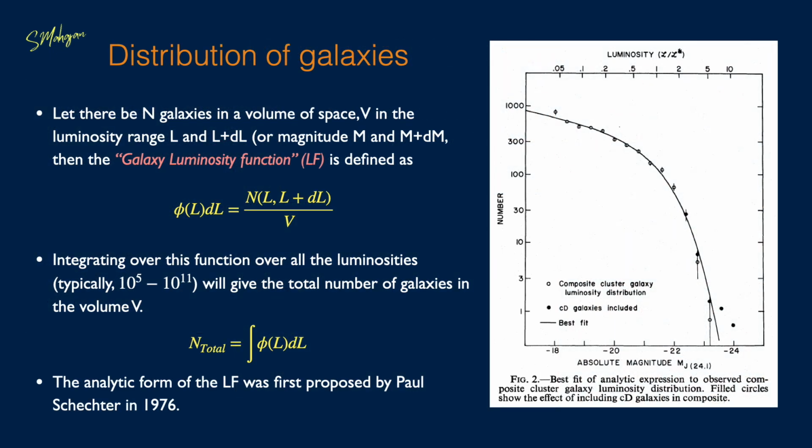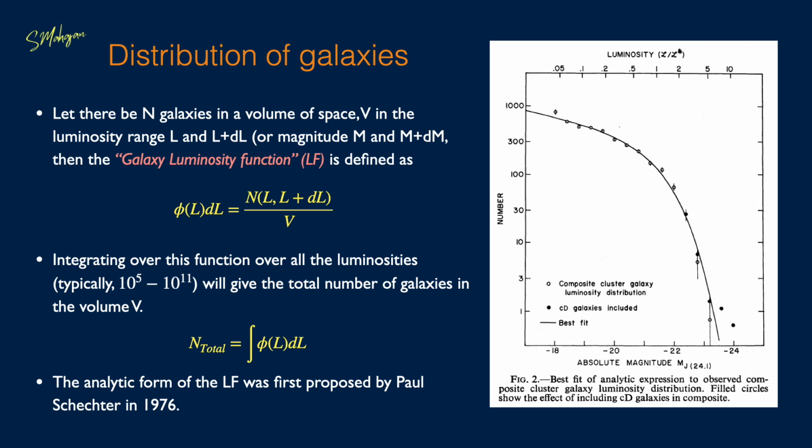Let us now look at the distribution of galaxies and try to answer, say, how luminous are the most common galaxies in the local universe. To do so, consider there to be n galaxies in a volume V of space in the luminosity range L and L plus dL, or magnitude m and m plus dm.